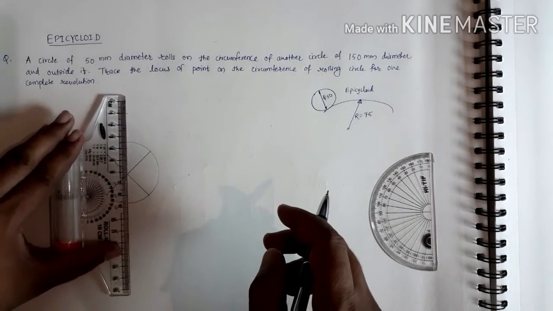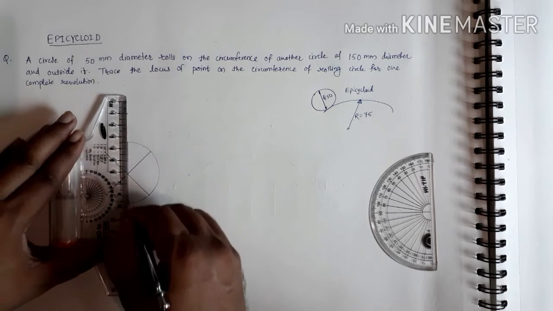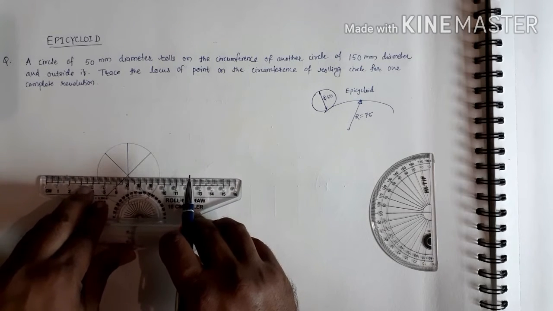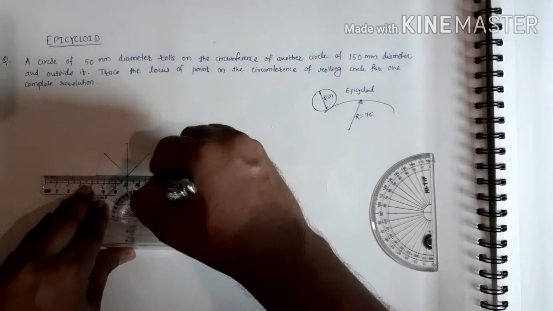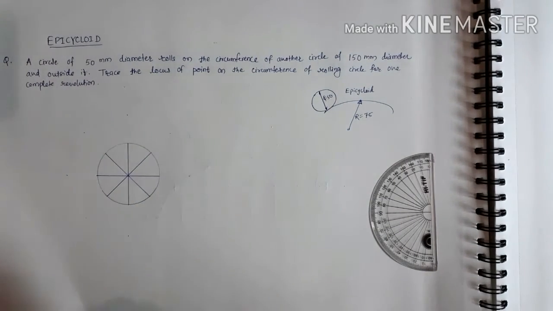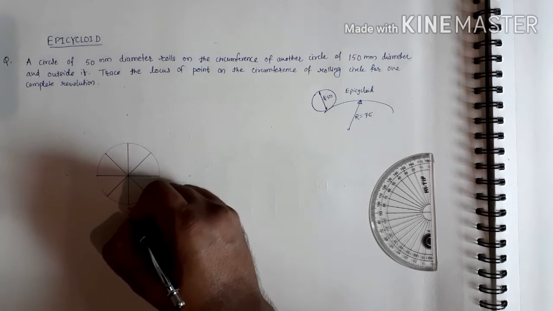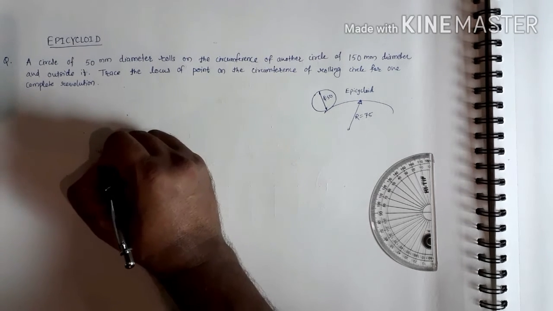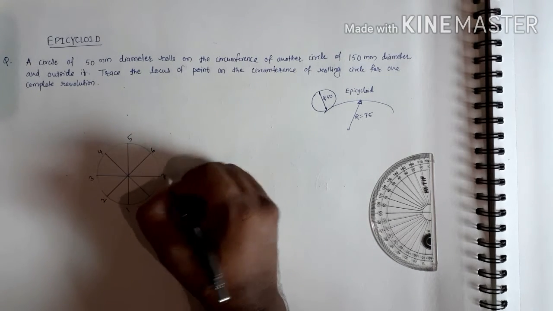Join the points of 45 degrees. See, this way the circle is divided in 8 parts. So this is the first step. Divide the circle in 8 parts and give the points 1, 2, 3, 4, 5, 6, 7, 8.